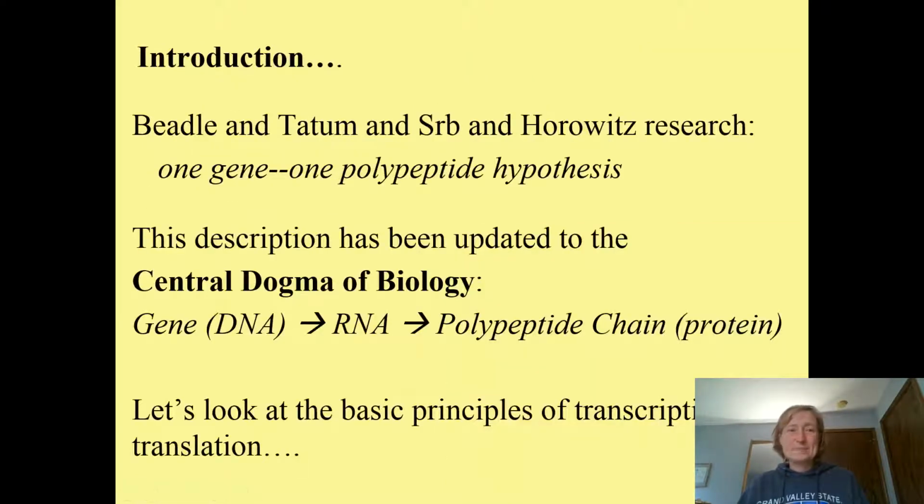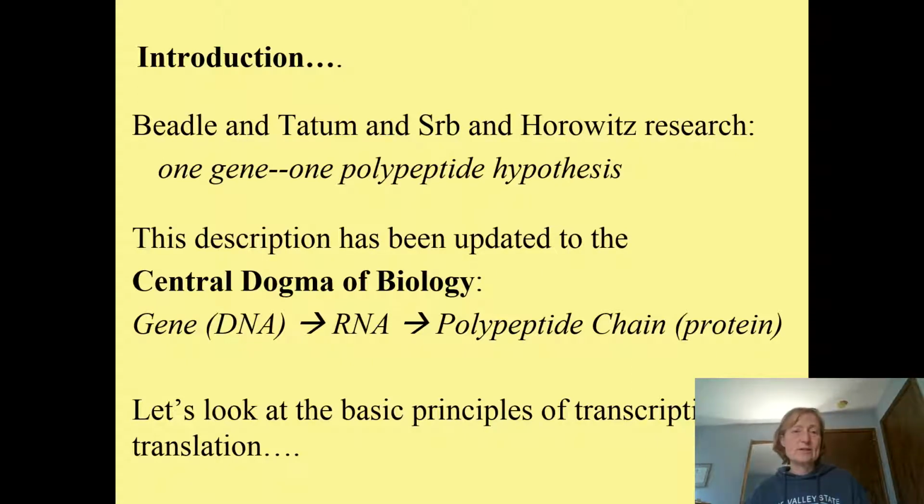This is part one. So back in the 1900s, researchers were beginning to realize that these heritable factors called genes are located on chromosomes. And early in the 1900s, researchers started to realize that each gene codes for the building of a polypeptide or a protein.